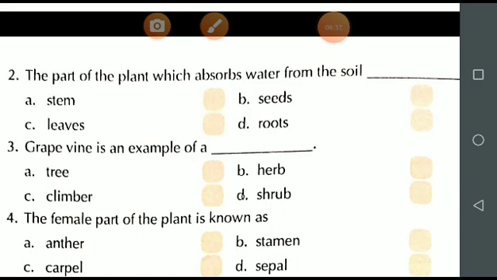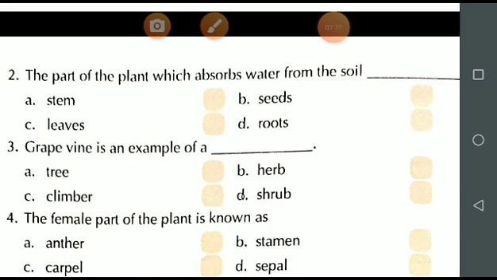Now the next option is C, leaves. Do you remember which part of the plant is known as the kitchen of the plant? Green plants can prepare their own food. This is possible due to leaves. So this is also not the right answer.